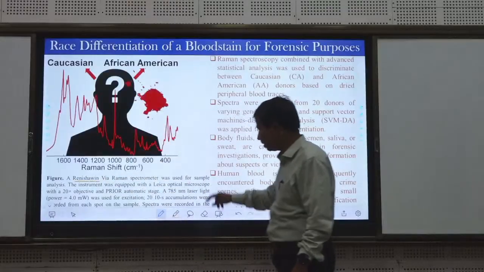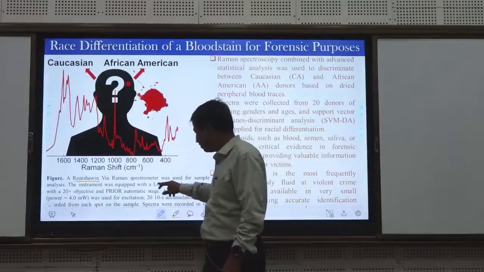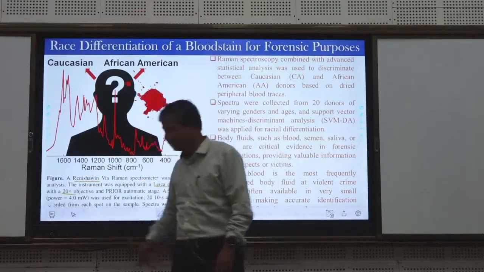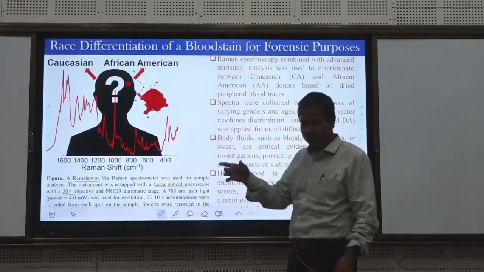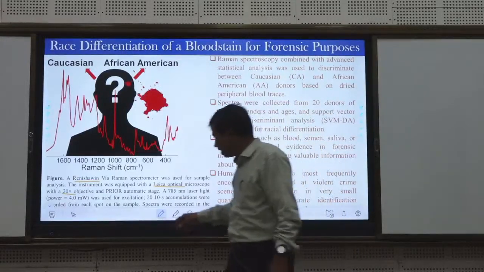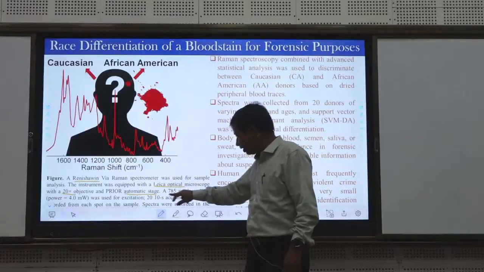This is the instrument name, and you always have to give this information. They have used a Leica optical microscope with a 20x objective lens, as you see 20x, 100x, 10x, and this is an automatic stage.